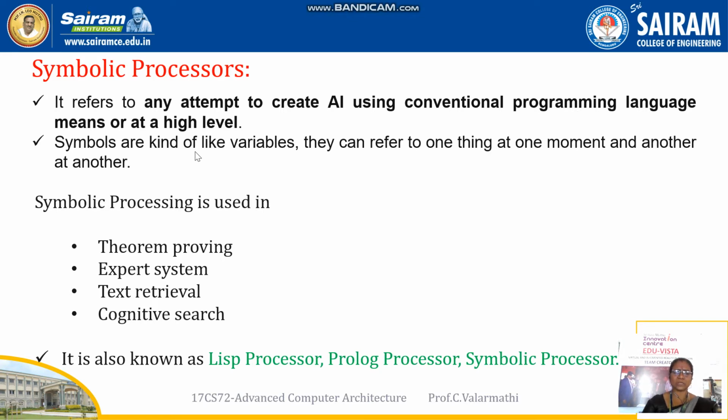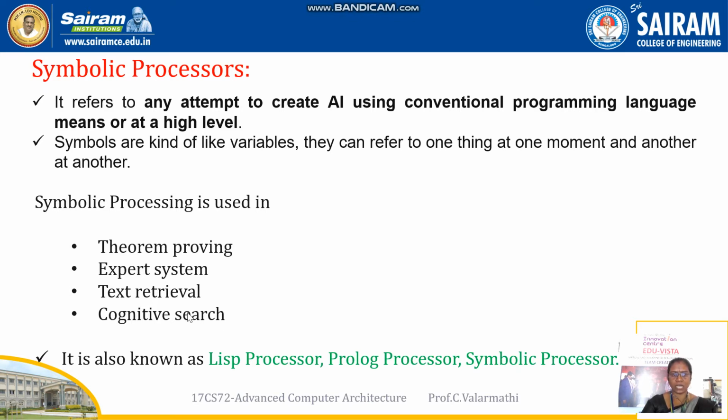So what is meant by symbolic processing? Symbolic processing is a new and different technique. We use symbolic processing in the following applications: theorem proving, expert systems, text retrieval, and cognitive search.